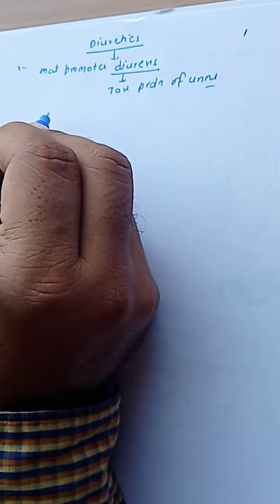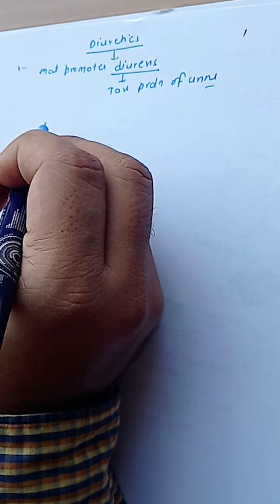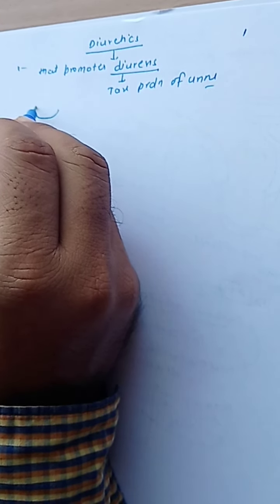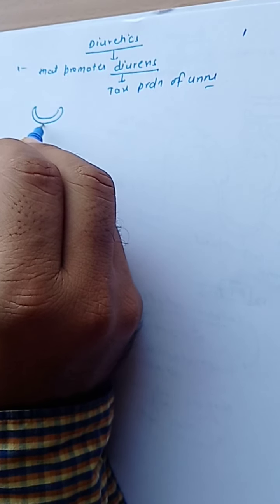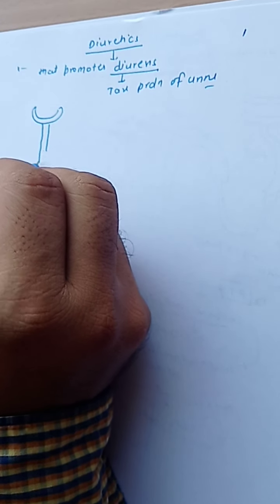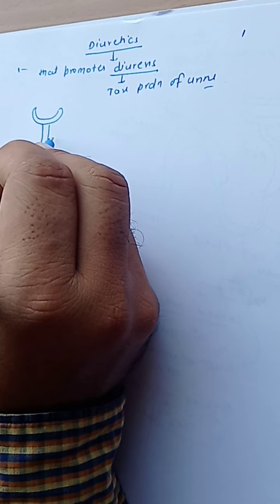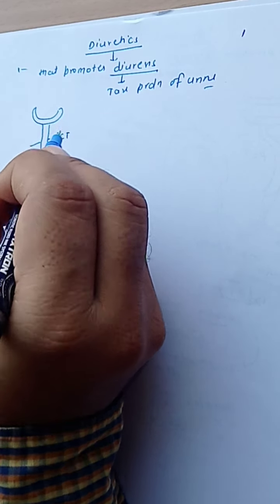So this urine is formed in the kidney, and in the nephron part of the kidney, there are glomerular capillaries, then there is Bowman's capsule, where filtration happens. Then there is the first part of the nephron, which we call the proximal convoluted tubule (PCT).